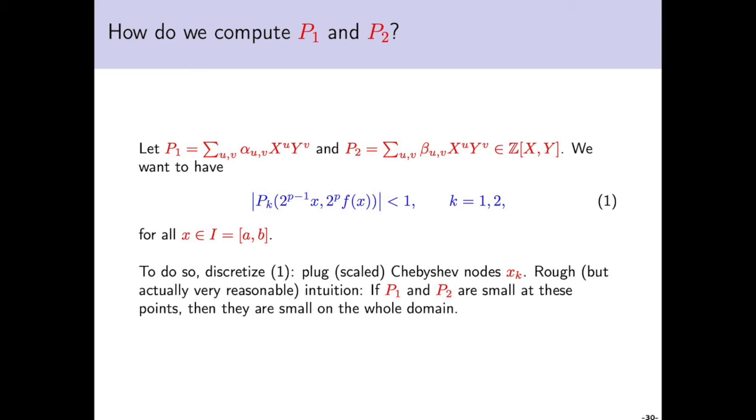I want to find two polynomials such that Pk, evaluated here at Chebyshev nodes, is strictly between -1 and 1. And the idea is that if P1 and P2 are small at these Chebyshev nodes, we saw it together before, P1 and P2 will most certainly be small on the whole region.